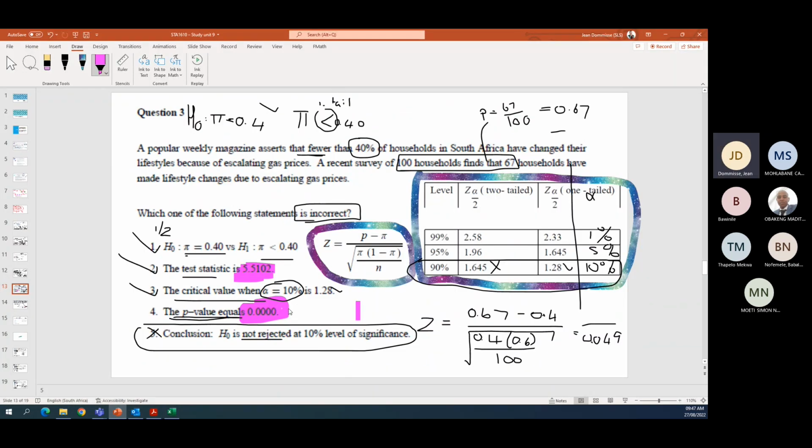If you search the internet for calculate p-value from a Z distribution, you will be able to put in 5.5102 and you will get what the real p-value is.